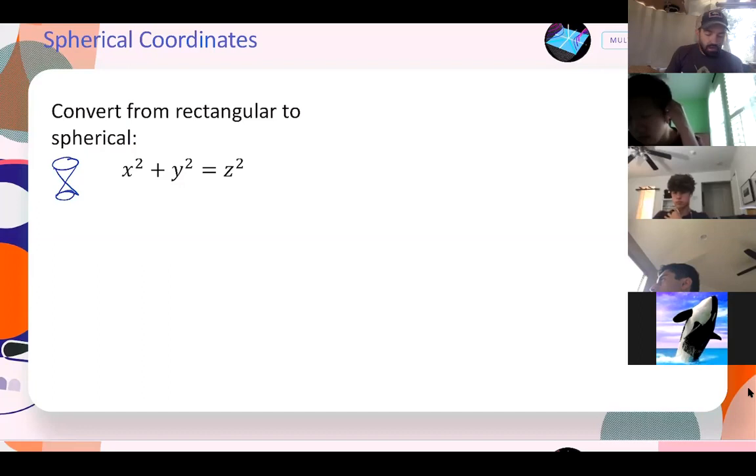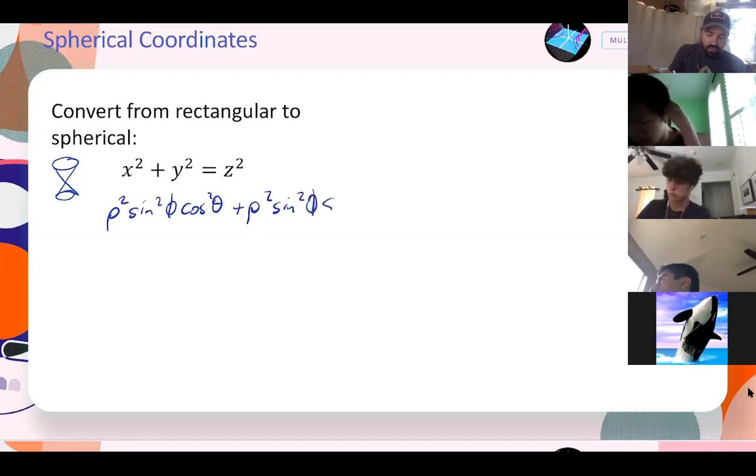So if we plug in x squared plus y squared, that's rho squared sine squared phi cosine squared theta plus rho squared sine squared phi sine squared theta equals rho squared cosine squared phi.